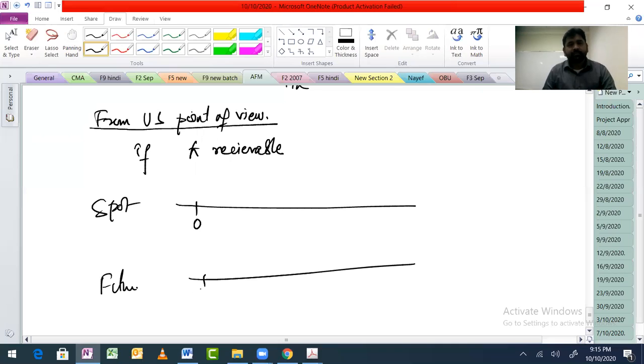This is time zero, and this is sometime in the future. You have got pound receivable. So first of all, as a US firm, what do you want to do? You want to sell pounds. Are we fine with that?